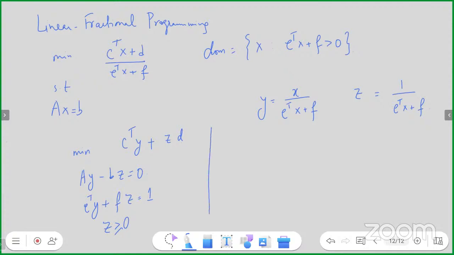Let's suppose this is my program. Point is, is it equivalent or not equivalent? If I solve this, what do I get back? The variables are y and z. So we'll try to prove less than or equal to in both directions. Which direction is easy? So here you're going to get a y comma z pair. Let's call this y star, z star. Here it's only an x star.